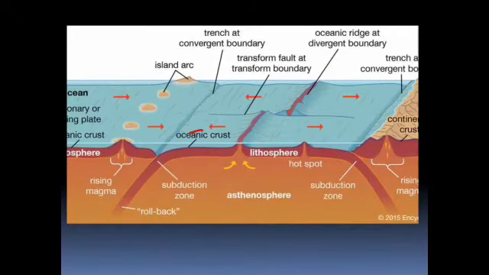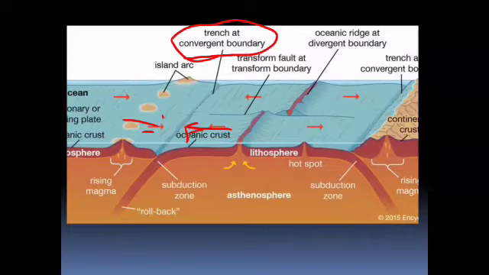In this picture, I try to explain the three concepts in one picture. A convergent boundary is when two plates move towards each other. A divergent boundary is when two plates move apart from each other, in the opposite direction.